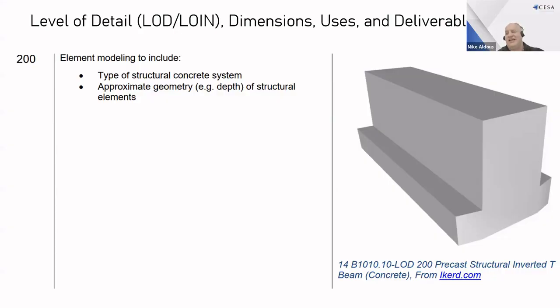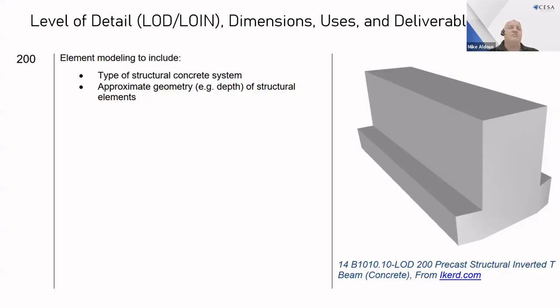So there is a level of detail or LOIN system that essentially defines what each level of detail is, or the level of information needed for a particular application. So we start with the most basic one, which is really the structural concrete system. And bearing in mind that BIM is not just a drawing, there's a degree of intelligence behind it in terms of the information built into the model.